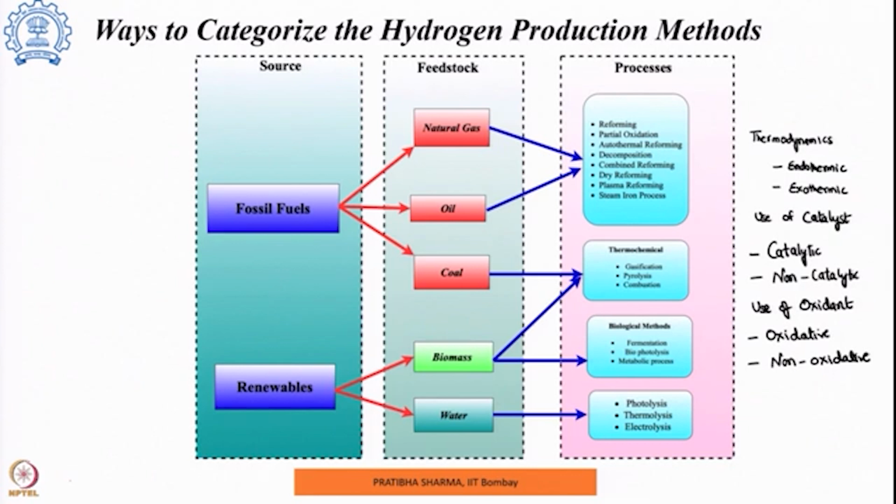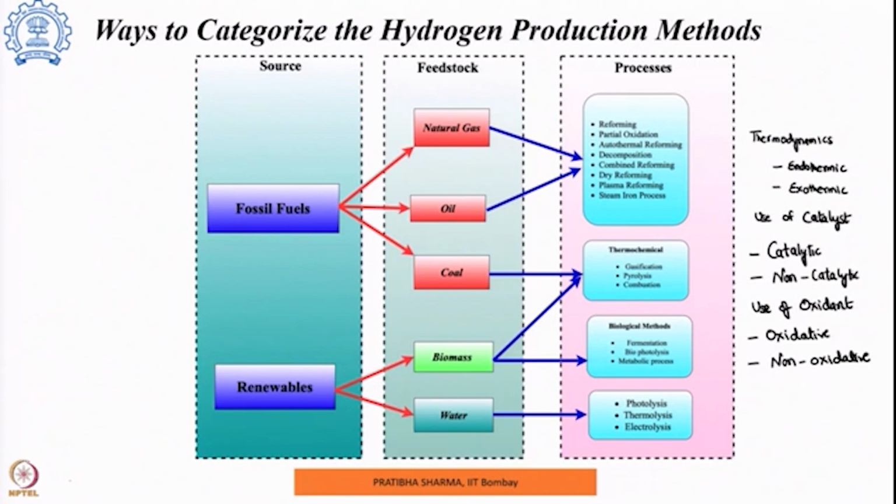Depending upon these feedstock, there are different processes which can be used for hydrogen production. There are a large number of processes, we have just tried to put them together. So, if it is to be produced from natural gas and oil, it could be either steam reforming, partial oxidation, autothermal reforming, decomposition of the hydrocarbons, combined reforming, dry reforming, plasma reforming or the steam iron process.